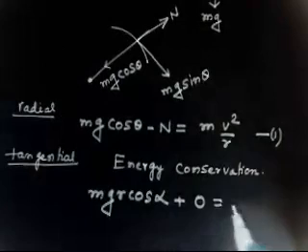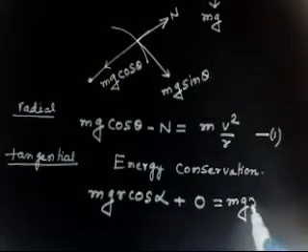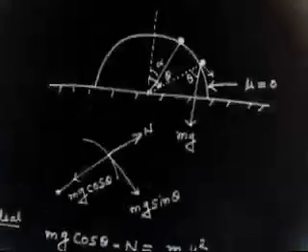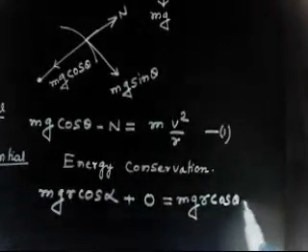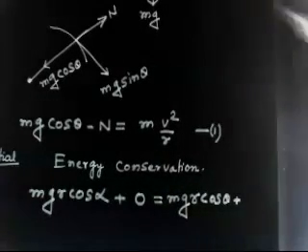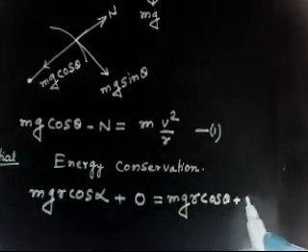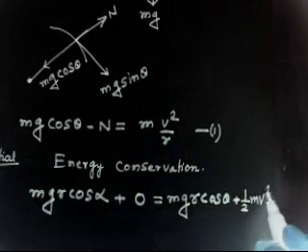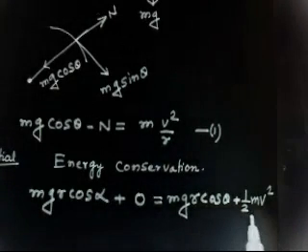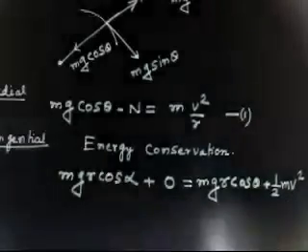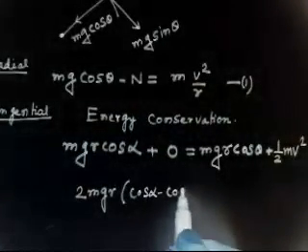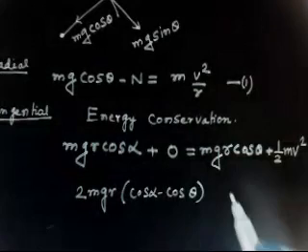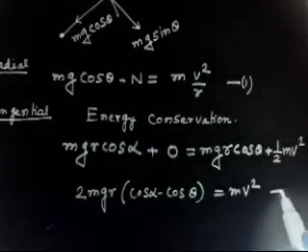Now finally this angle becomes theta, so this becomes mg r cos theta plus, with the velocity here being v, kinetic energy half m v square. So from here you will have 2 mg r (cos alpha minus cos theta) equals m v square. So this is my equation number 2.